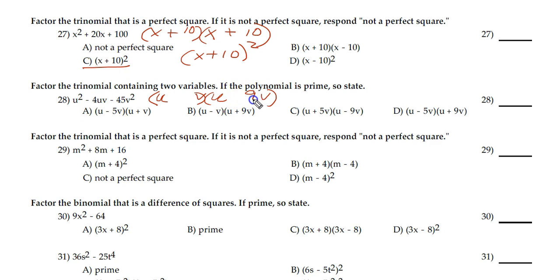Well, the 9 times 5, and our middle term is negative, so this will have to be a negative 9 and a positive 5. And when I FOIL this, it checks out. So a negative and a positive. 28 is C.